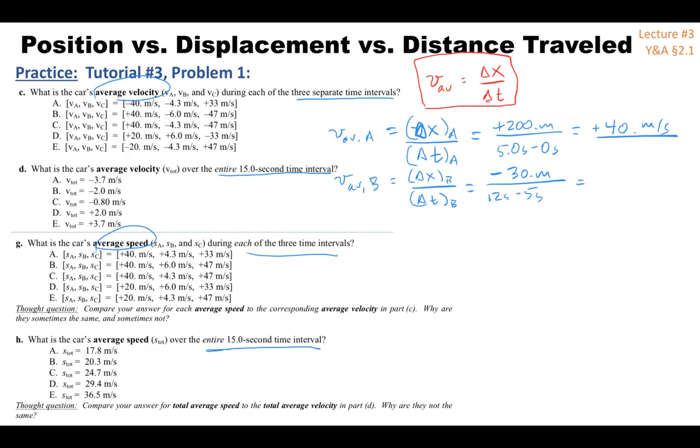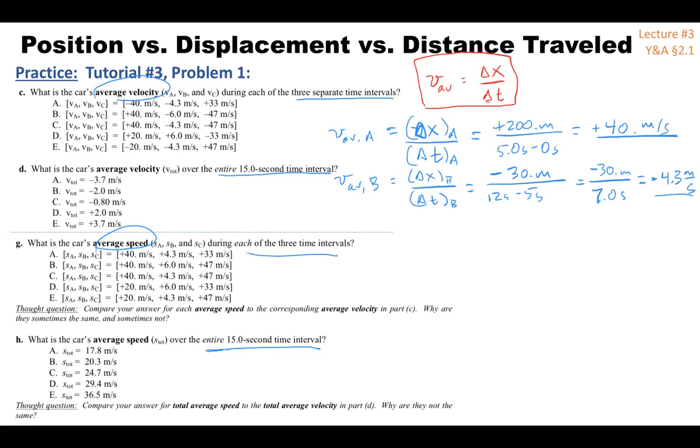So that's going to be negative 30 meters divided by 7 seconds, right? I ask my calculator what that is, and I get negative 4.3. It's a repeating decimal, so I round off to 2 sig figs. So it looks like a 2 sig fig problem. So negative 4.3 meters per second.